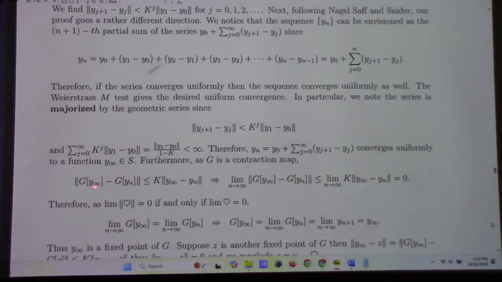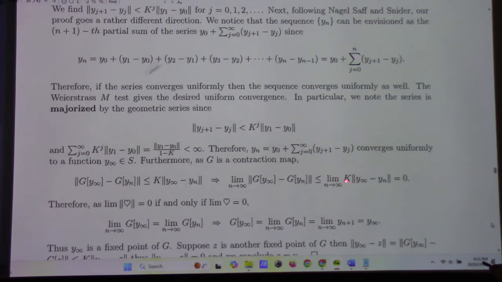I digress. So this is the contraction constant, and then if we take the limit of this inequality, we have that, right? But notice that as n goes to infinity, yn goes to y infinity by definition, right? And I can pass the limit inside the norm here because the norm's continuous.